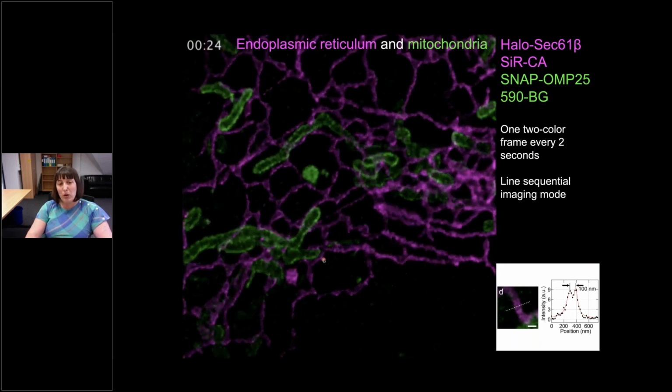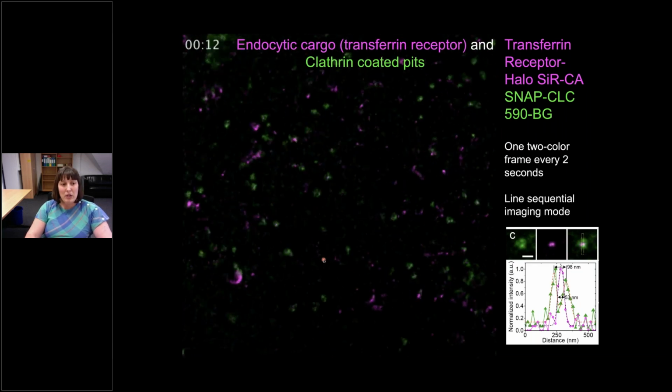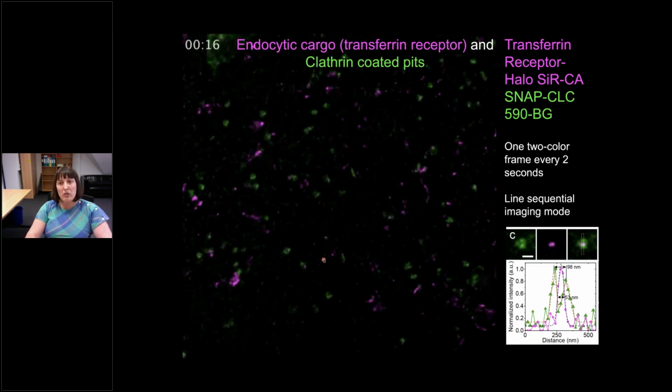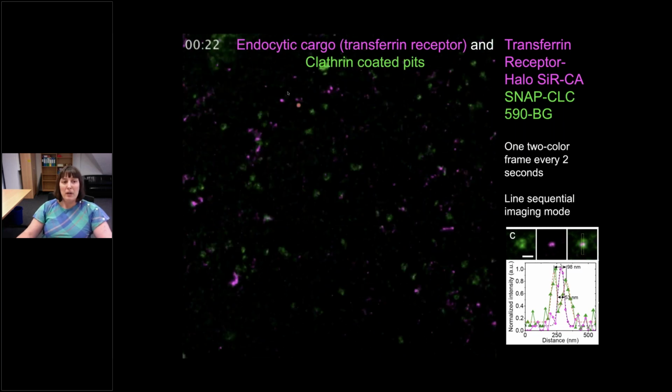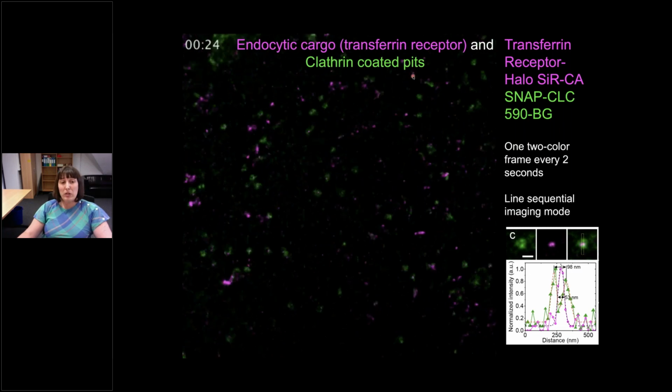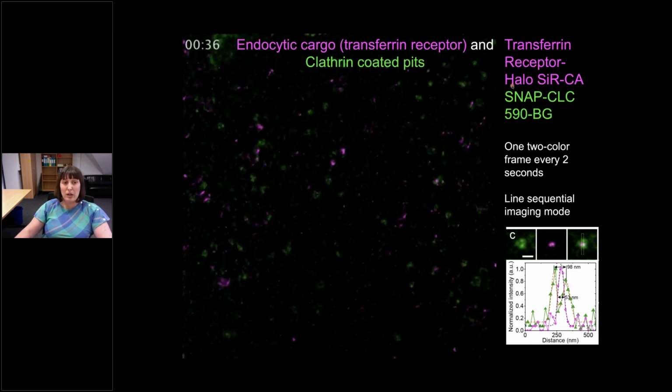We also tested the same dye and tag combination with another sample, which consisted of clathrin coated pits labeled with a SNAP clathrin light chain construct, and an endocytic cargo, in this case transferrin receptor with a Halo tag.